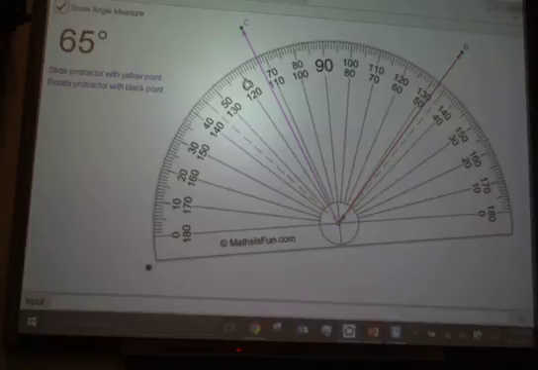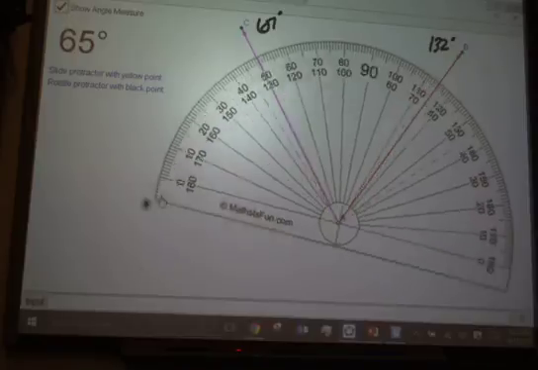This looks like it's going through maybe 67. You guys agree with that? 67 degrees. In this one, it looks like it's going through 132. Okay. Well, if I subtract those, what's 132 minus 67? Still 65.